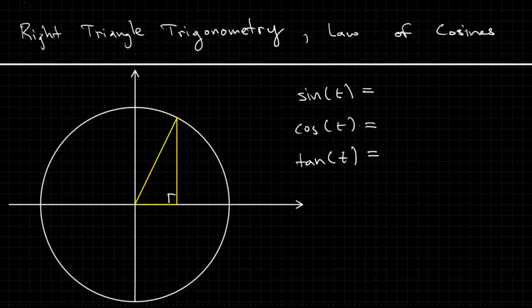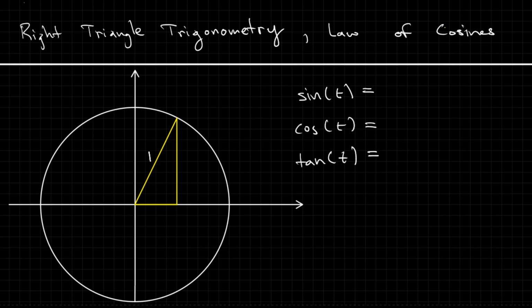So here I have a circle drawn and a triangle drawn inside it. Now for the moment, let's assume that this is the unit circle so that this length here would be 1. Remember, the unit circle has radius 1, and that side that I've labeled 1 has length equal to the radius.